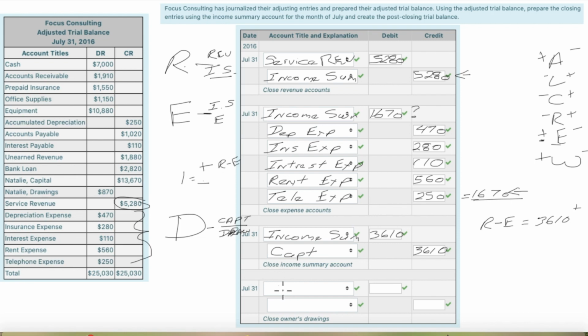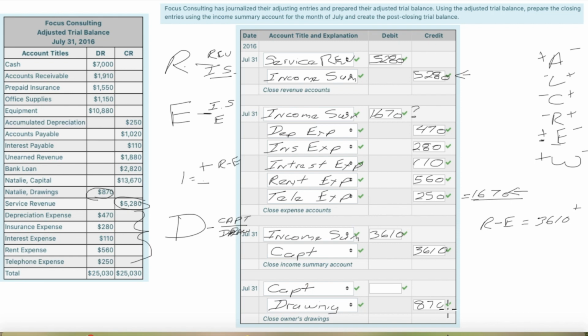So we know this is capital. And we know it's drawings. Remember, we're just updating drawings. So when we look at Natalie's drawings in this example here, $870.